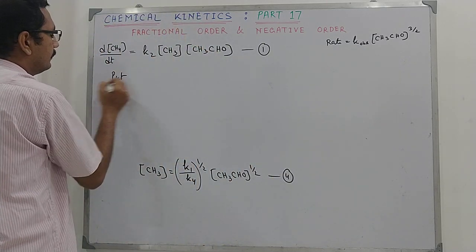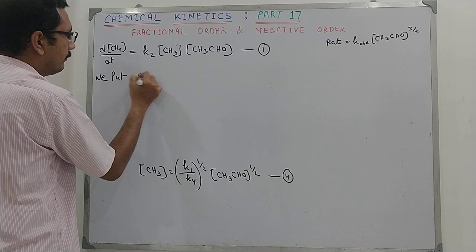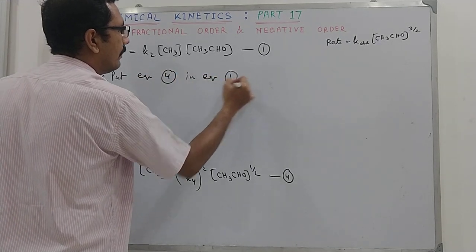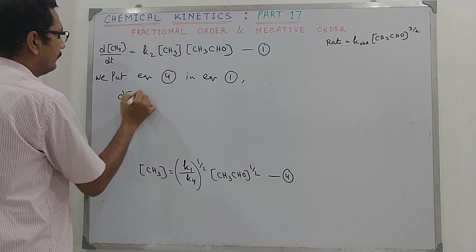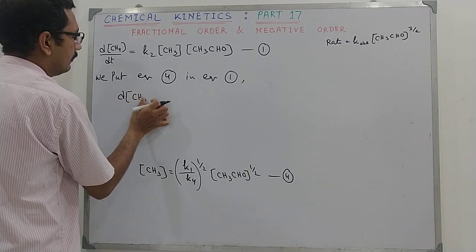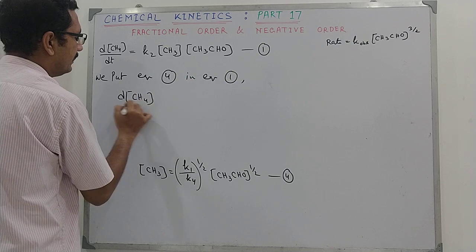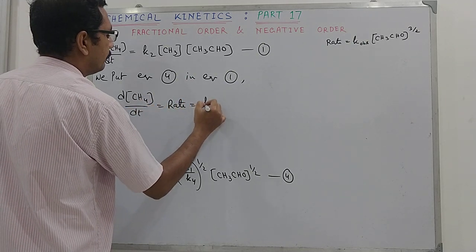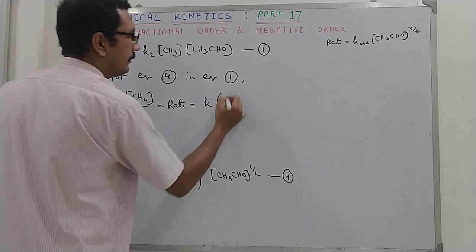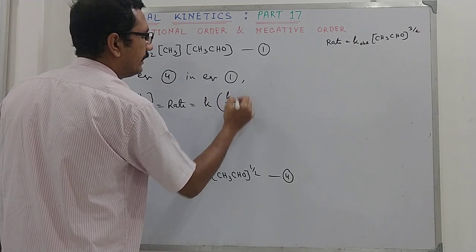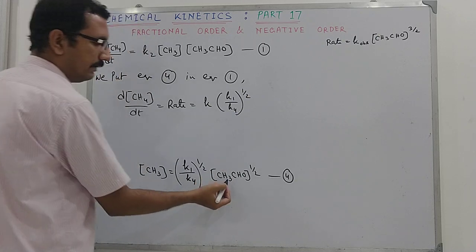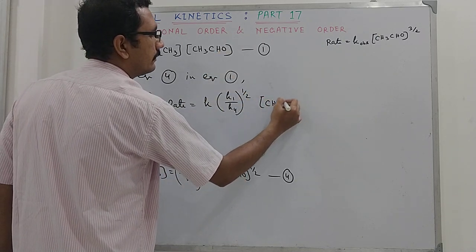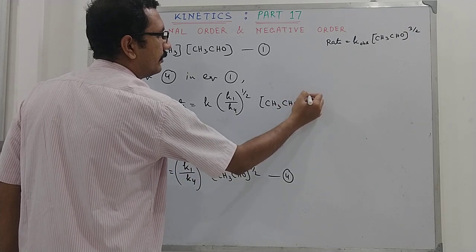We put equation 4 in equation 1, so that we have the rate of the reaction equal to K2 into K1 by K4 to the power half. Now this is to the power half and this is to the power 1, so it will be [CH3CHO] to the power 3 by 2.